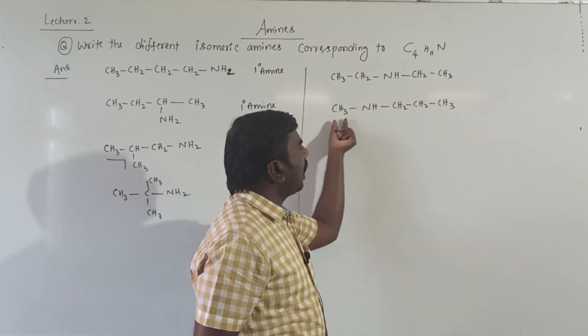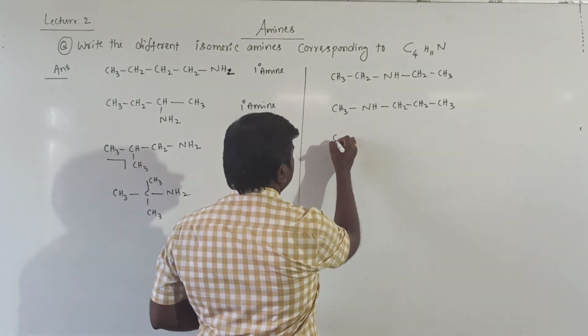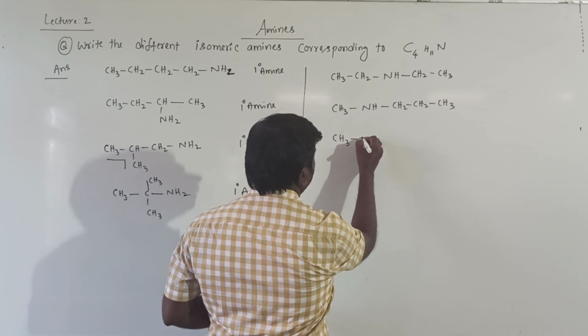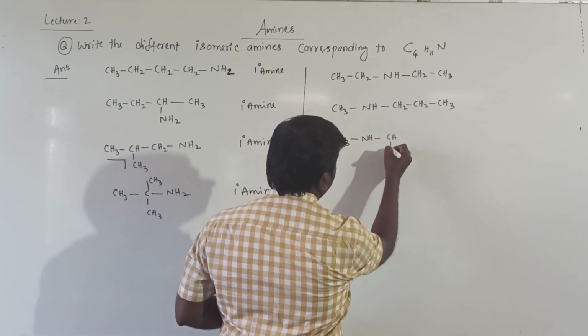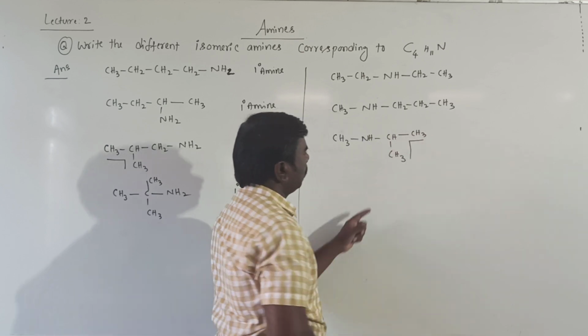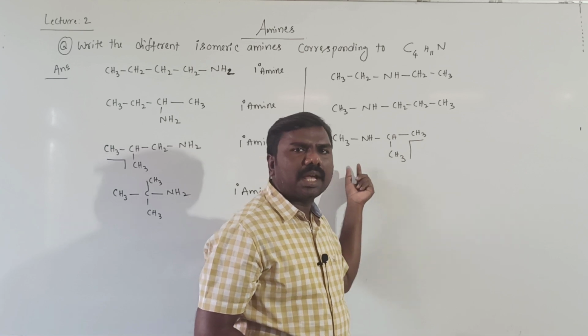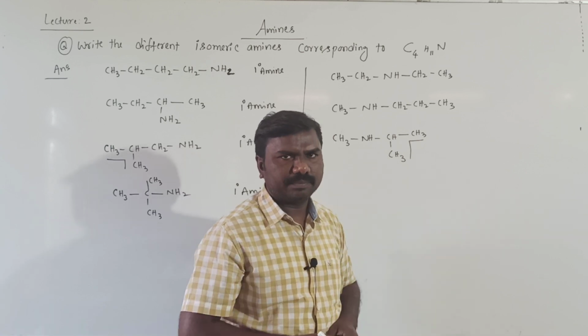It is methyl propyl amine. Next, CH3NHCH(CH3)CH3. It is isopropyl methyl amine, nothing but methyl isopropyl amine.